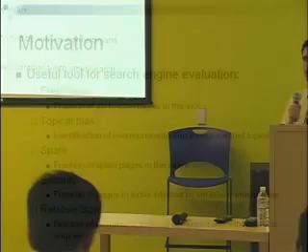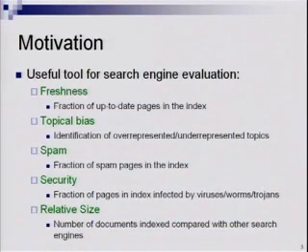Why do we need search engine samplers at all? Well, it turns out that a search engine sampler could be very handy in creating objective benchmarks for search engines, and we can use them to evaluate the quality of search engines. For example, you could test the freshness of the search engine.